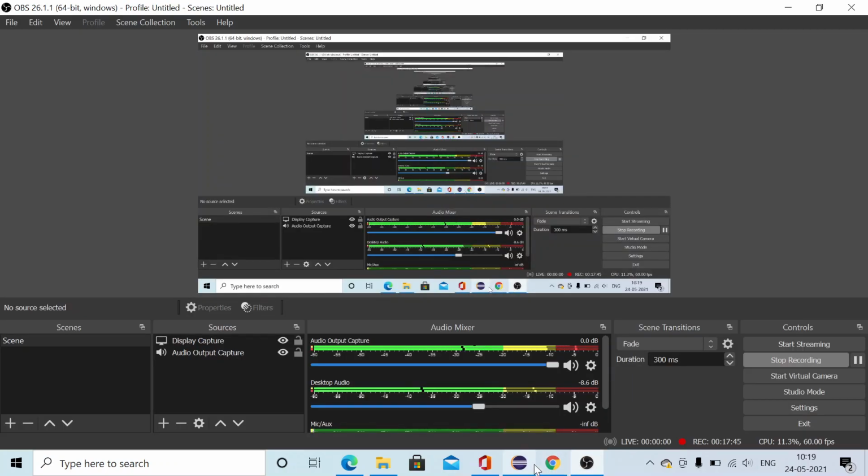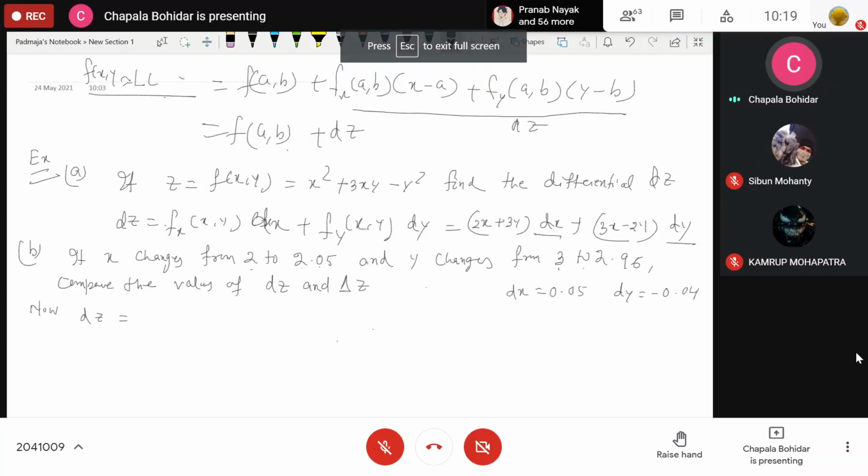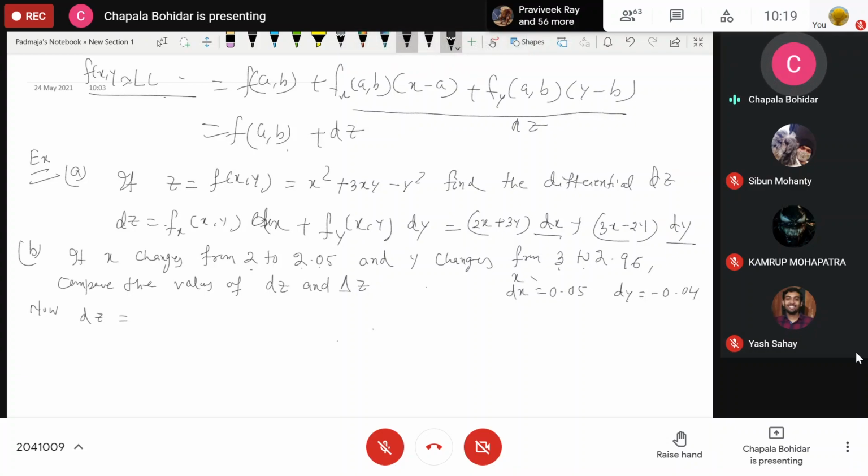dz is equal to, the value of x is equal to 2, y is equal to 3. So your starting point is x equal to 2 and y equal to 3.